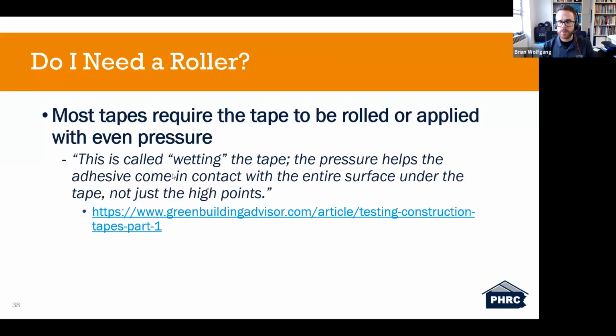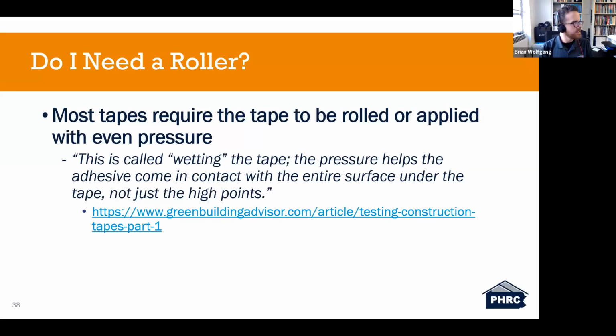So first of all, with the installation of these tapes, especially for something like a butyl that has an initial tack that's very strong, it might seem like you got that tape to adhere pretty nicely to its substrate, but generally you're going to see that most tapes require that the tape is rolled or applied with even pressure. And there's some folks who have researched the ability of an installer to apply even pressure by hand or by a means that doesn't include a roller.